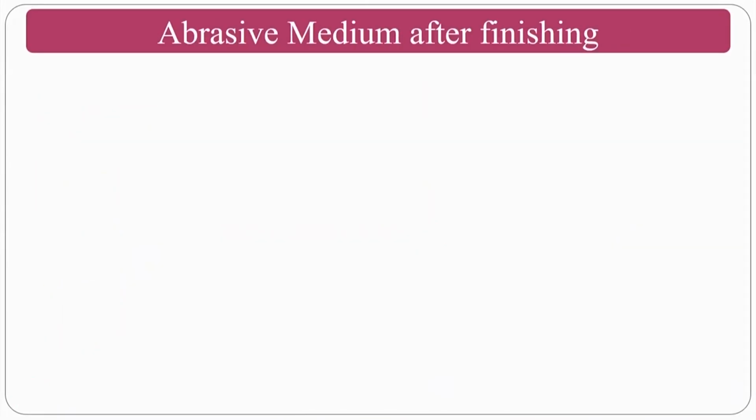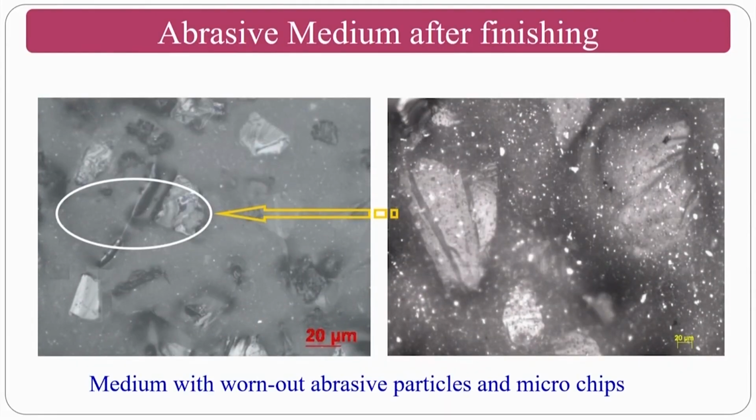So, in the previous slide also you have seen where these particles or these chips will go. As I discussed in the previous class, these chips will embed into the medium, and this medium slowly gains the bluntness of abrasive grains, as well as gains a number of chips. As this number of chips increases, the weight of the medium goes up.